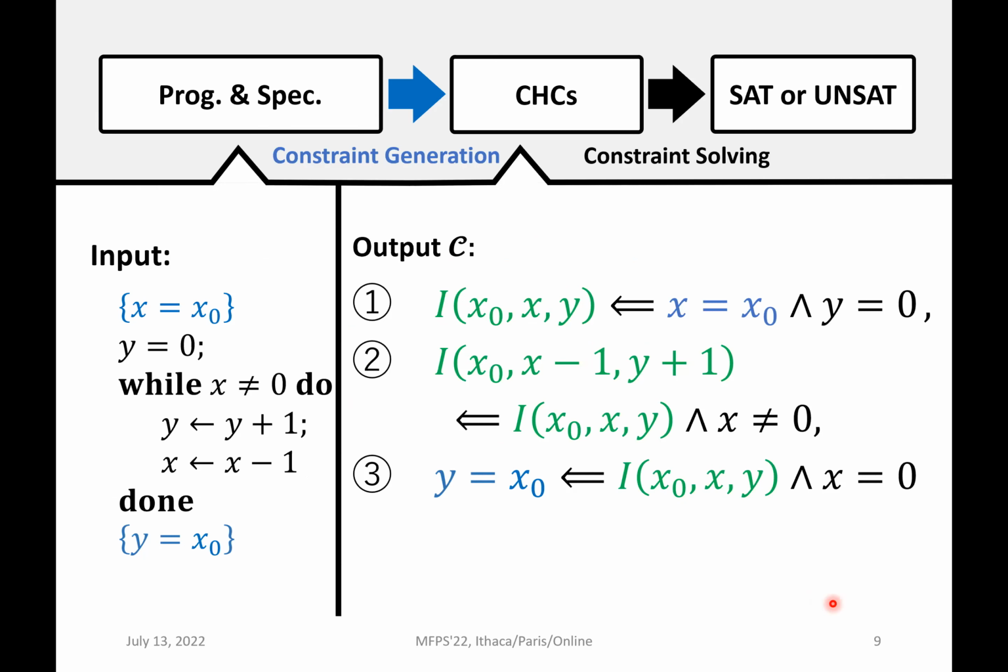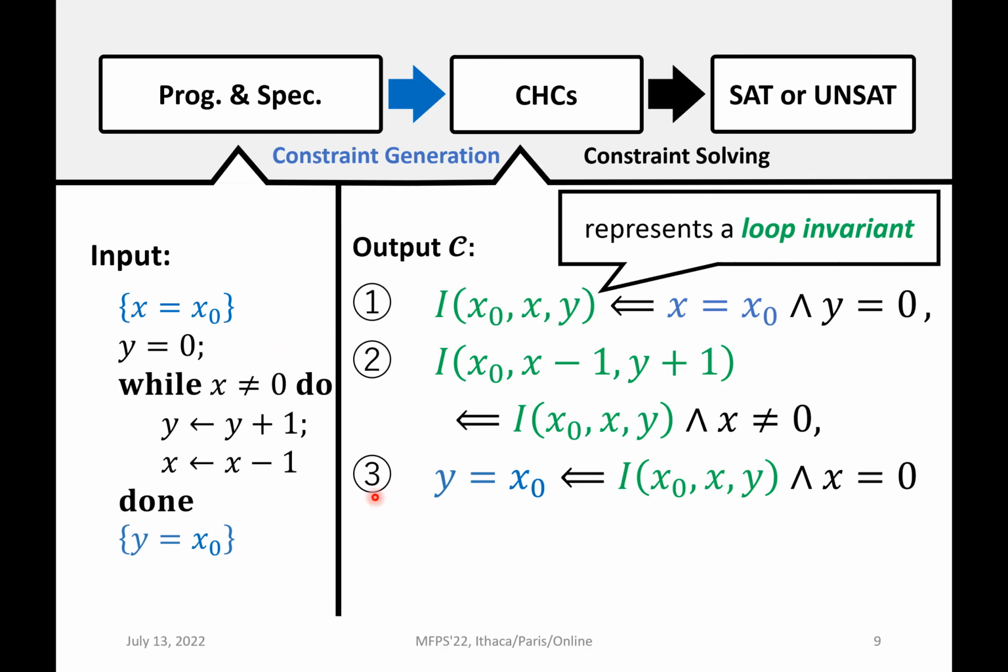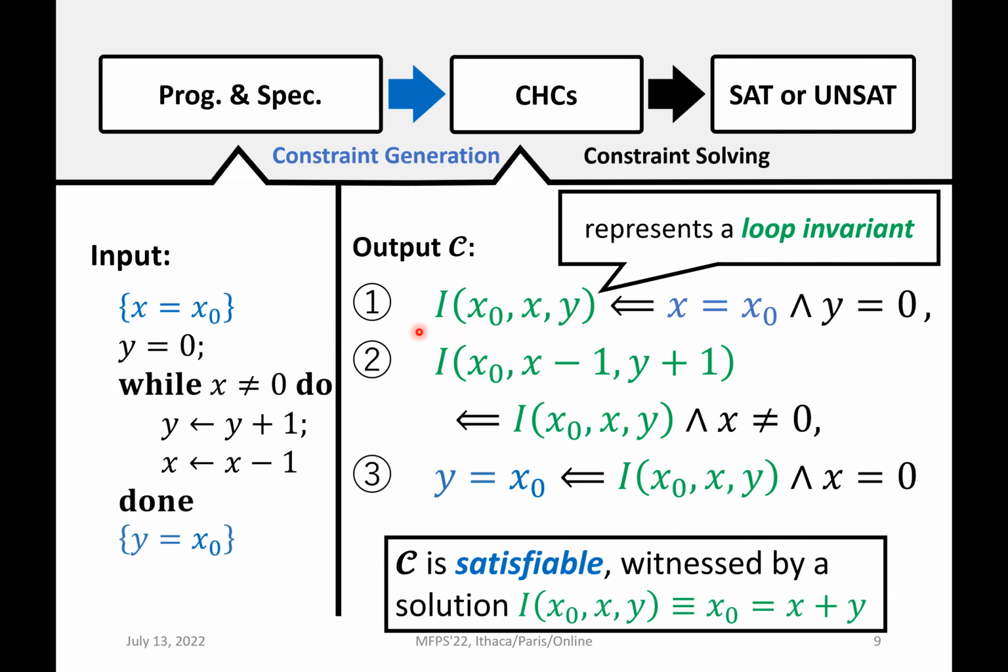From this program, we can automatically generate a constraint set like this. We have 3 Horn clauses. Here, I is a predicate variable that represents a loop invariant over the program variables x and y, and the initial value of x represented by x0. And the first clause is obtained from the requires: when we first reach the while loop, the state must satisfy the loop invariant.